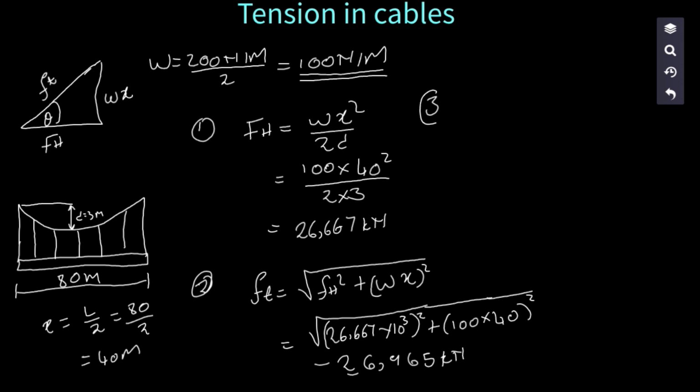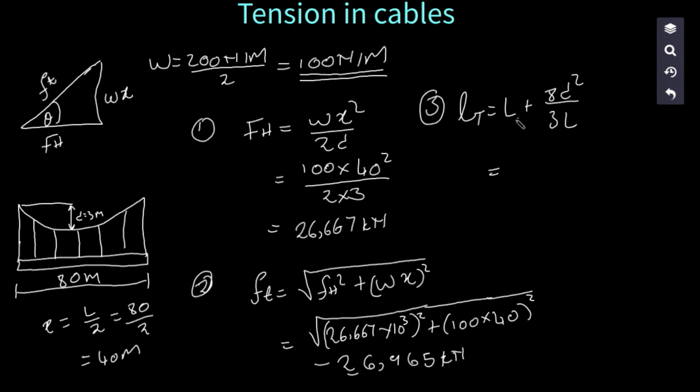Number 3, we said the length of the cable is given by L. That will be the total length that we are calculating for here. It's given by L plus 8D squared divided by 3L.